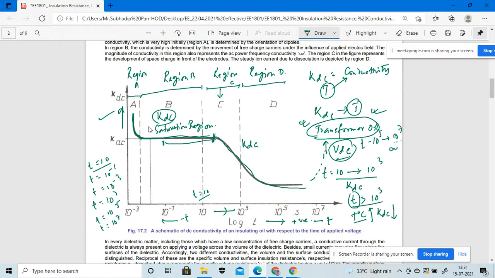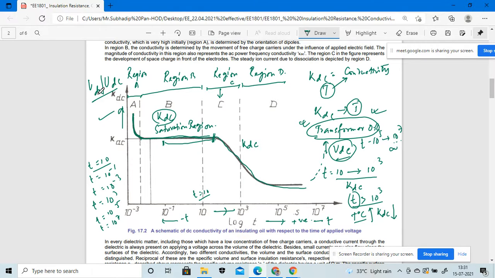So for changing of the conductivity of the transformer oil, there are three things you need to remember. One is the temperature, another is the time interval, and the third is how much voltage, that means V of DC or U of DC, we are applying to a particular transformer.